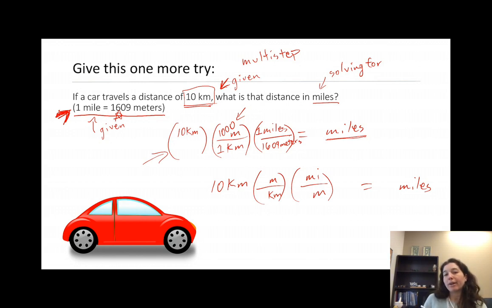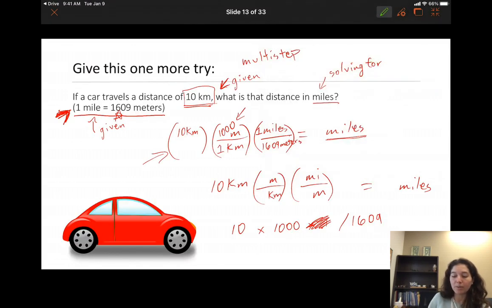So let's put this into our calculator, see what number we get. So I'm going to put this into my calculator, 10 times 1,000 times 1, and then I'm going to divide that by 1609. So I don't necessarily need to put this in here. So you could just put 10 times 1,000 divided by 1609.